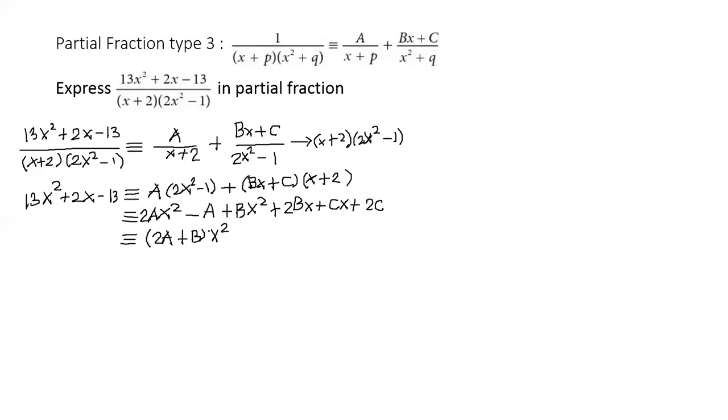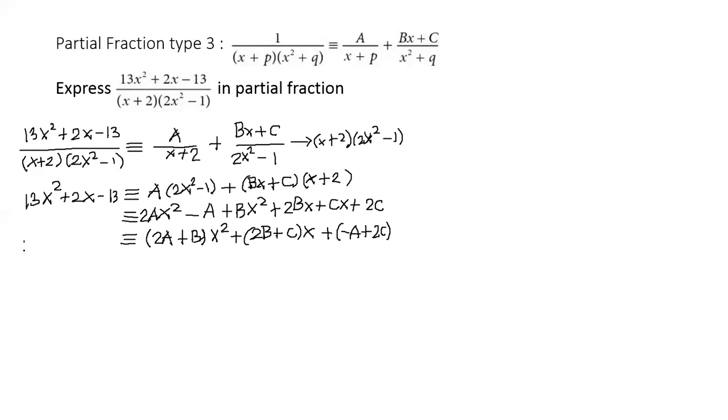Next, for the x coefficient: here 2bx and cx, which means (2b plus c) x. And next, minus a plus 2c, without b.